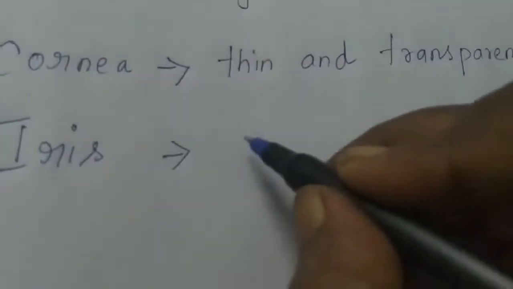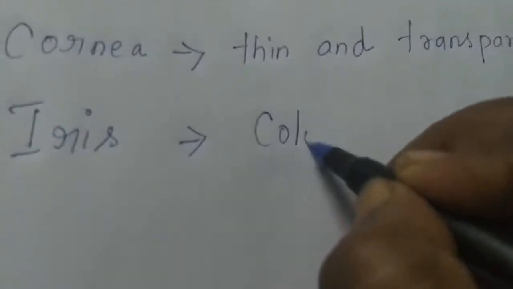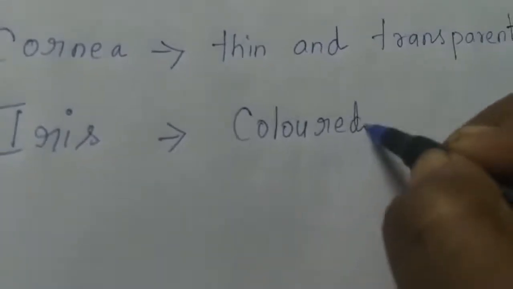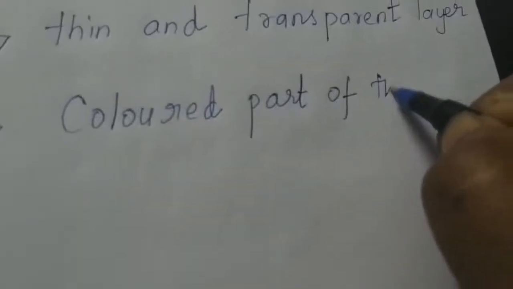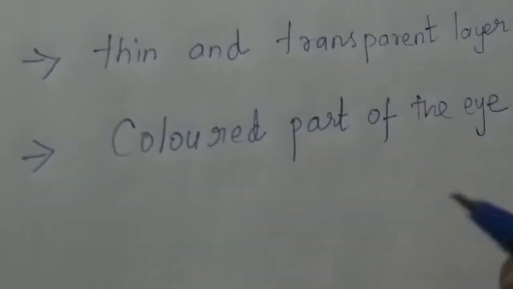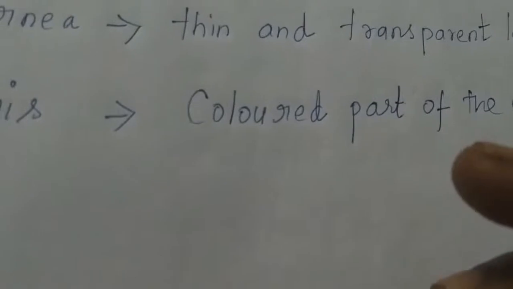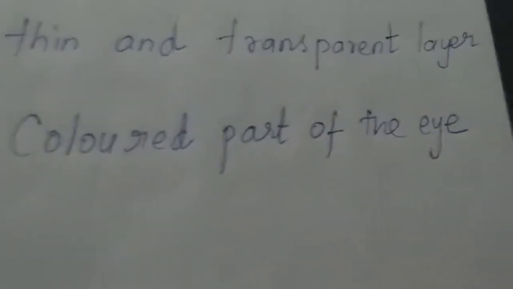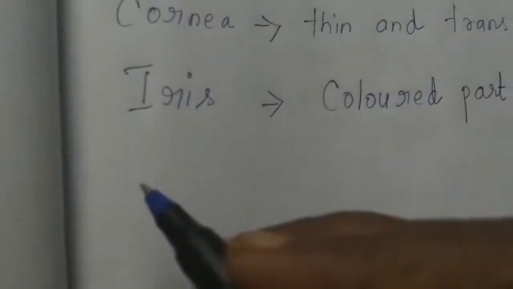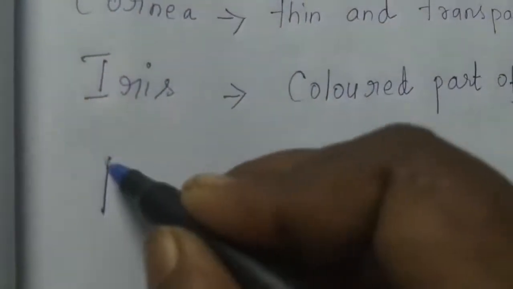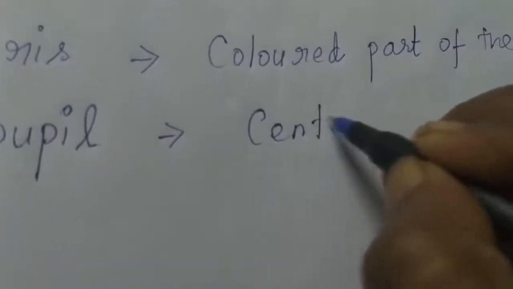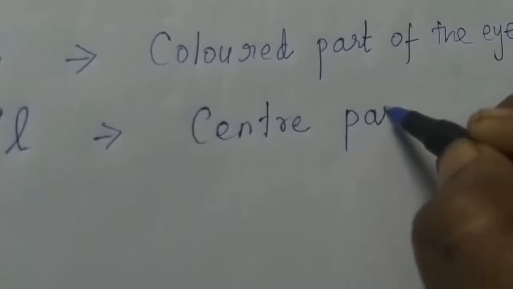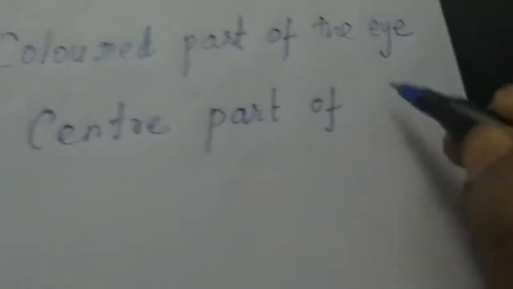Iris is the colored part of the eye. The major colors are blue, green and brown. And then pupil. Pupil is the center part of the iris.